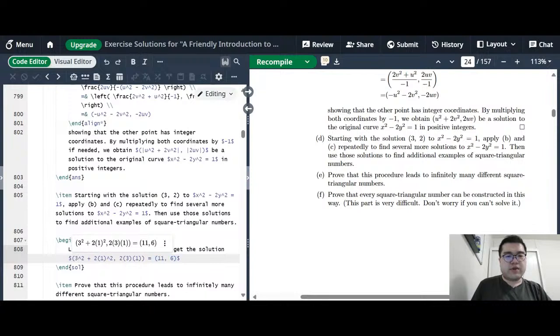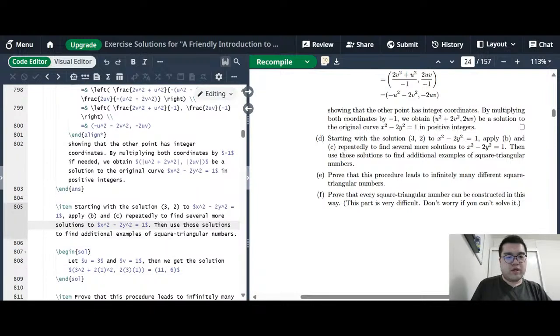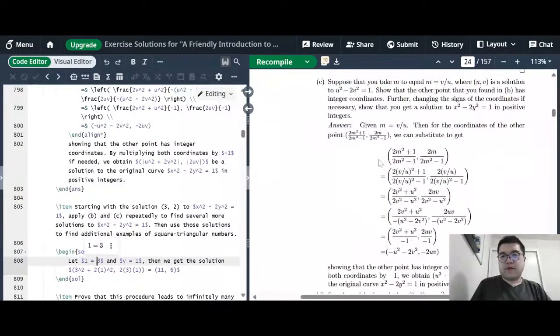Let's stick with u to be 1, and then, right, again, we have to have conditions between u and v. So in fact, what we need is, if u is equal to 3, then v has to be equal to 2. My bad.